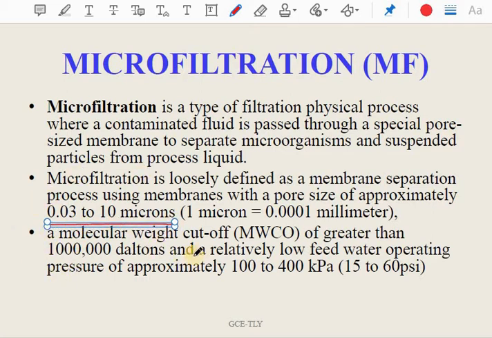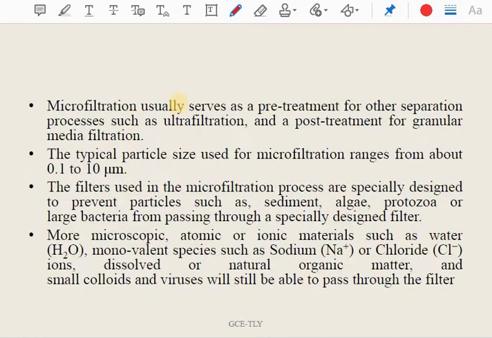Here a molecular weight cutoff of about 10,000 daltons and a relatively low feed water operating pressure of approximately 100 to 400 kPa will be applied to favor the process. This microfiltration serves as a pre-treatment for separation processes such as ultrafiltration and so on, and a post-treatment for granular media filtration. So it follows granular media filtration and comes before other membrane filtration processes.